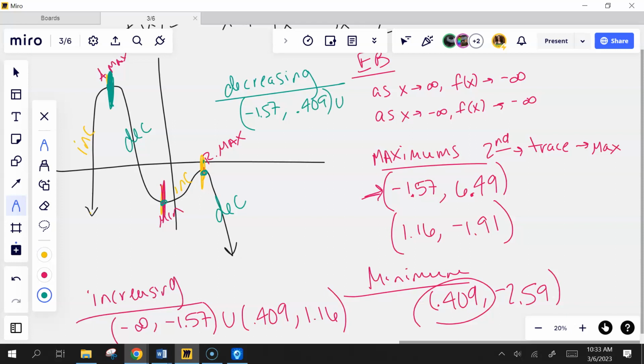Then I'm going to pick up at this maximum, which is 1.16, and I'm going to go to infinity. Because this way is positive infinity. You're looking at the x, not the y. All right. Domain?